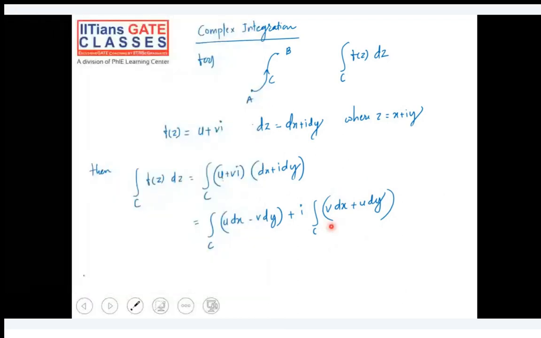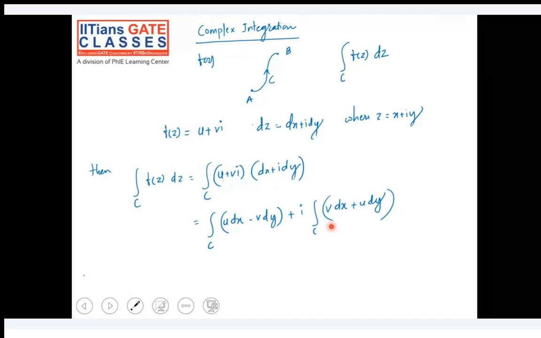Clear? Any doubt? You understood how to represent the complex integral?